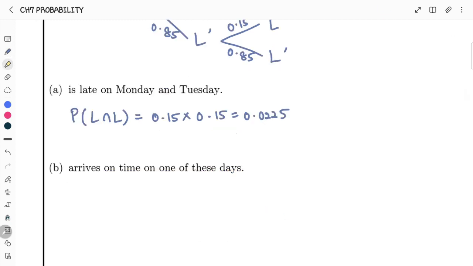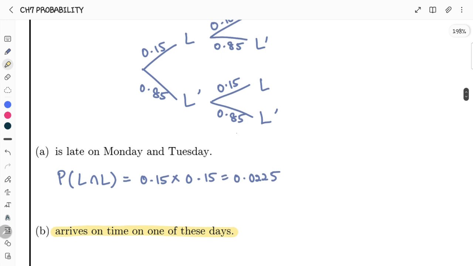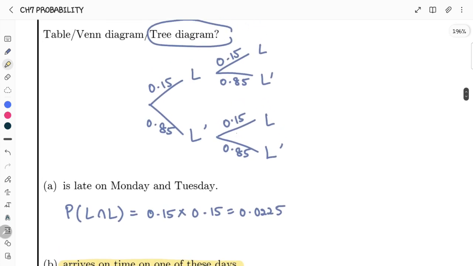Next one, arrives on time on one of these days, meaning either Monday or Tuesday, he will be on time.